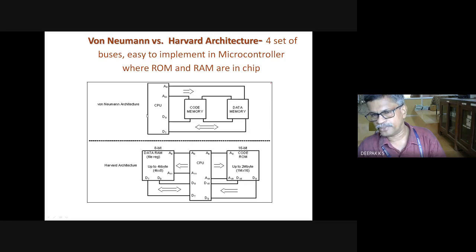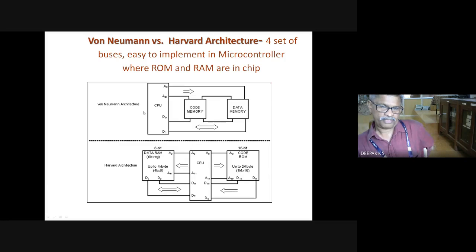So this Harvard architecture can be implemented within a chip. In a computer, everything is not within a chip. So this would be in different places outside and you have to run 4 sets of buses. It is very difficult. It is easy to implement the Harvard architecture in a microcontroller, but in a PC, in a desktop, it is difficult.